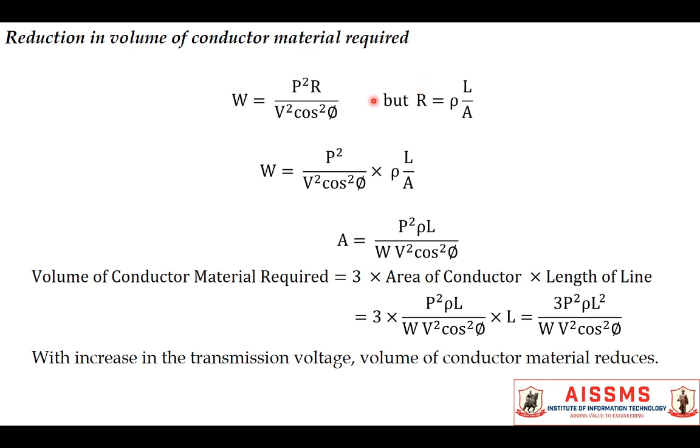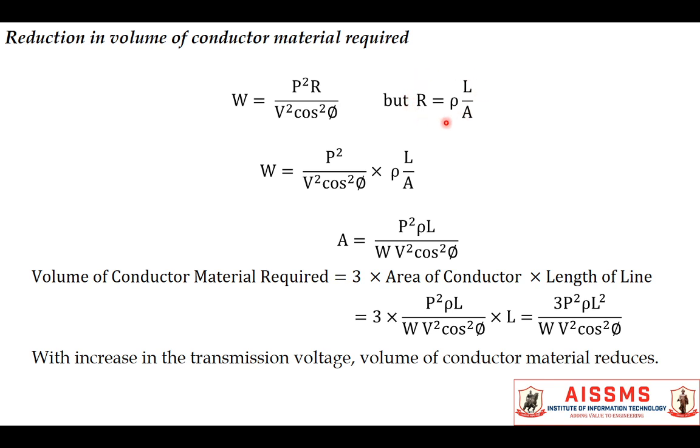As you know, the resistance can be found out by using the equation R equal to rho L upon A. Rho is the resistivity of the line, L is the length of the line, and A is the cross sectional area of the line.